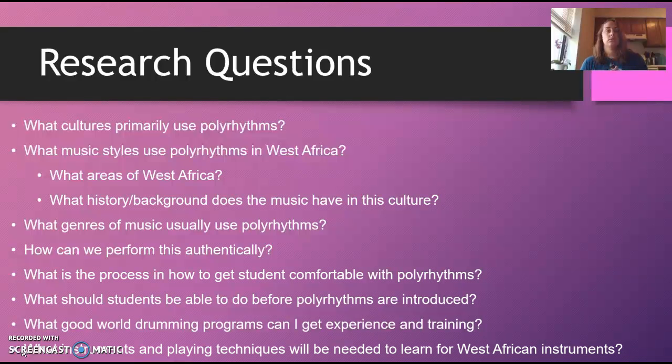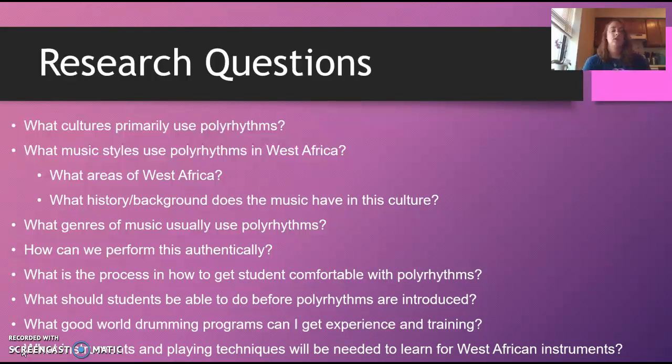Is it steady beat? Is it rhythms? Is it maybe instrument techniques? What are some of those foundation concepts that I would need my students to know before I even start this?